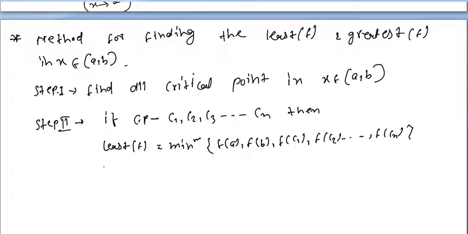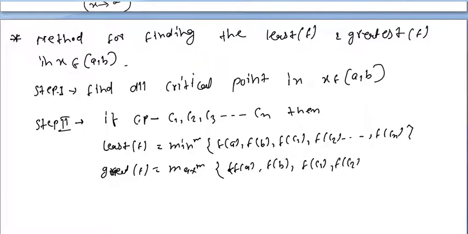And the greatest value of the function is equal to the maximum of f of a, f of b, f of c1, f of c2 and so on, up to f of cn.